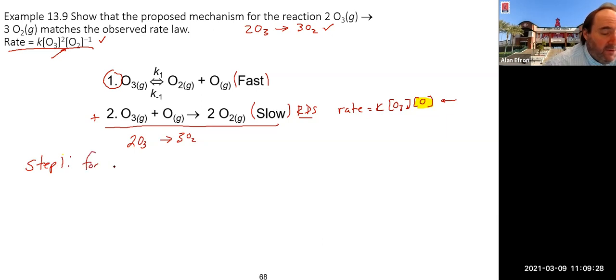Again, for the forward direction, the rate law would be the rate is equal to K1 times O3.